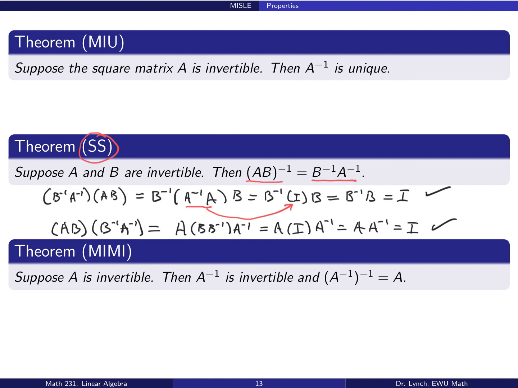B times B inverse is the identity. The identity times any matrix just gives us back that matrix, and A times A inverse is also the identity. Okay. It turns out that the matrix inverse is unique, and that the inverse of the inverse is the matrix itself.